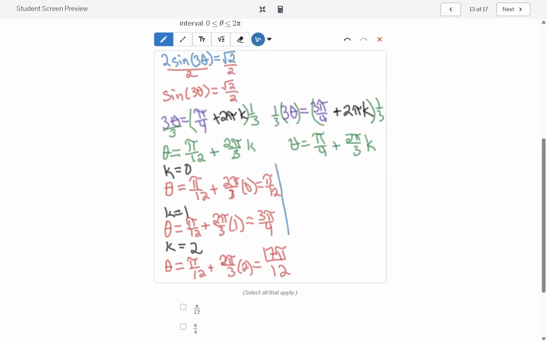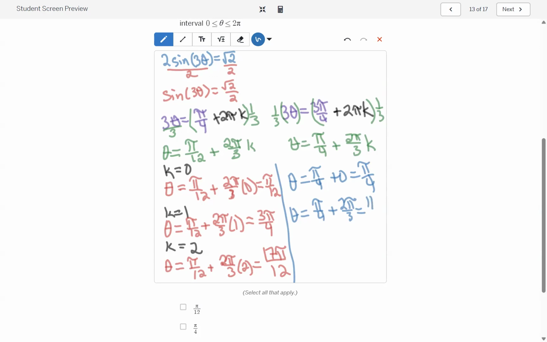All right, now we're going to go back and do the same thing for the other equation. So pi over 4 plus 0 is just pi over 4. Pi over 4 plus 2 pi over 3. So 1/4 plus 2/3 is 11/12.